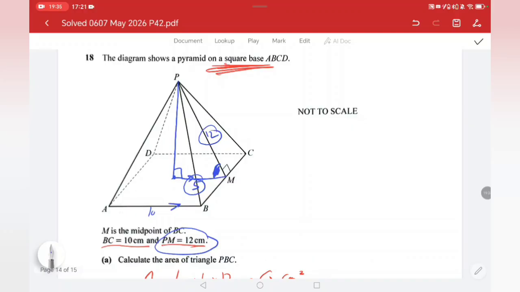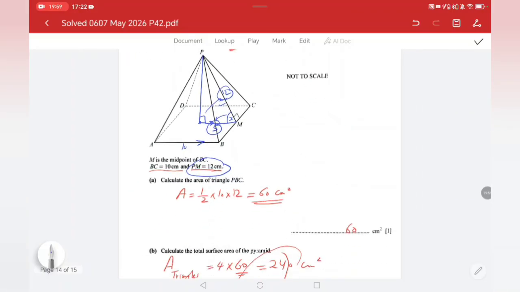We need to find this angle between the base and the PM. Let's call it x. So we have the adjacent, this one, and the hypotenuse, right?